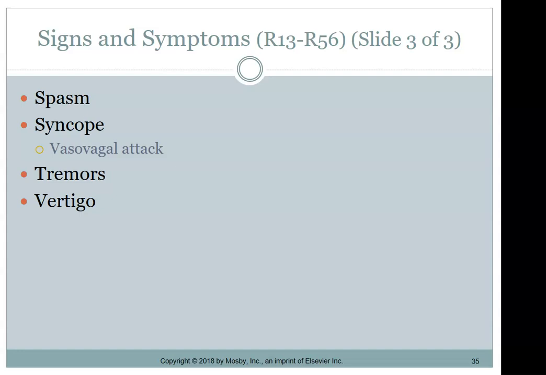A vasovagal attack is a form of syncope that results from abrupt emotional stress involving the vagus nerve's effect on blood vessels. Tremors are rhythmic, quivering, purposeless skeletal muscle movements seen in some elderly individuals and in patients with various neurodegenerative disorders. Vertigo is dizziness, an abnormal sensation of movement when there is none, either of oneself moving or of objects moving around oneself.